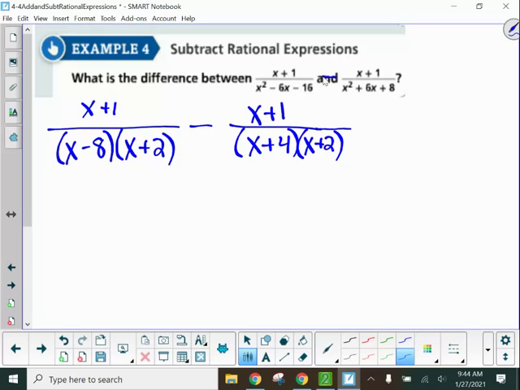So my least common denominator, again, has to include every factor. Well, I have an x minus 8, an x plus 2, and an x plus 4.